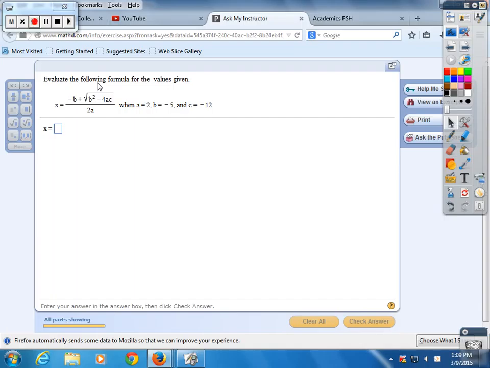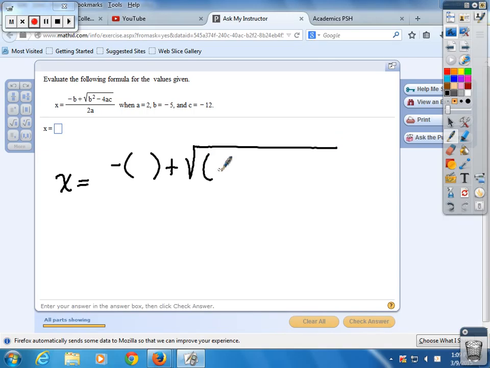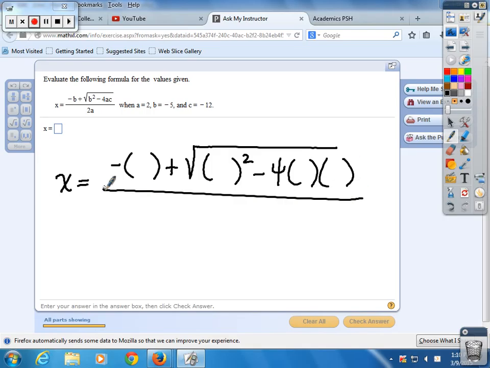All right, Vanna, you can do it, bring it down. Before I even start the problem, I don't even care what A, B, and C are, because I have to write this. Negative parentheses plus the square root of parentheses squared minus 4 times parentheses times parentheses over 2 times parentheses.